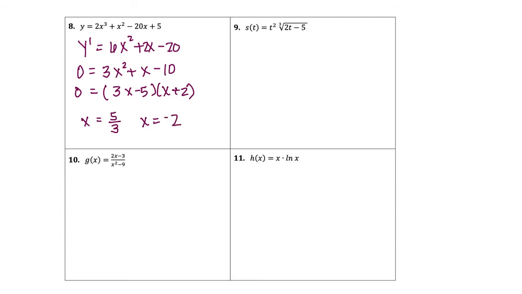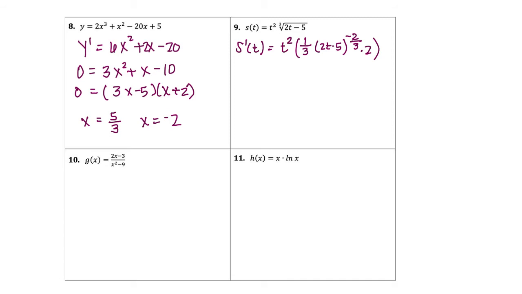All right, and for number 9, you're going to have the product rule. So we've got s prime at t. You're going to have the first times the derivative of the second. So we're going to have 1/3 times 2t minus 5 raised to the -2/3 times 2.